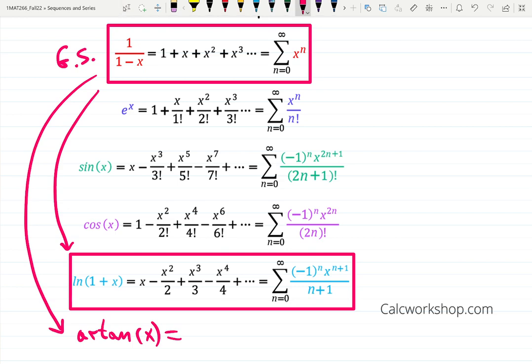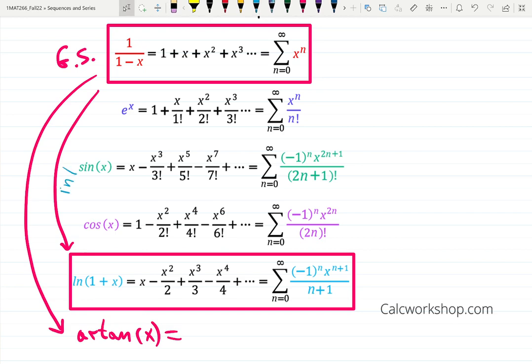But can you guess how we're gonna find this log from 1 over 1 minus x? I'm pretty sure you're guessing it. Derivative, yes. The derivative of log gives you 1 over 1 minus x. That is correct. But we know the first one, so we're integrating.